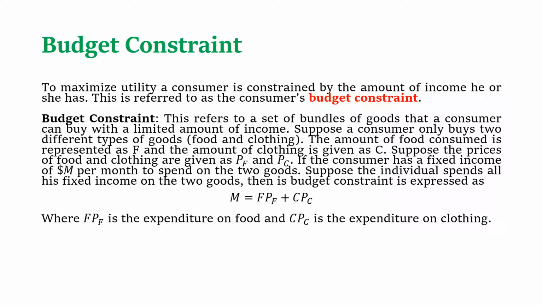So the budget constraint is just a set of bundles of goods that a consumer can buy with a limited amount of income, right? So no consumer will go beyond its budget line. So you have your own set. All points below the budget line and on the budget line are attainable. They are all feasible.